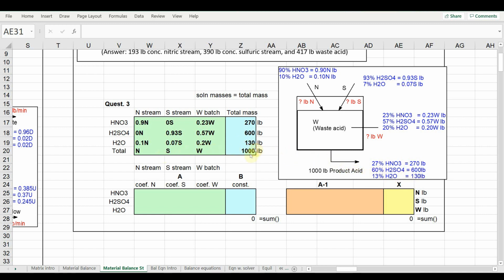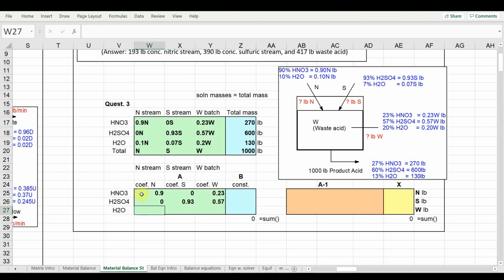I'll choose the first three. We simply transpose the coefficients. 0.9, 0, 0.23. For sulfuric acid, it's 0, 0.93, 0.57. Enter.